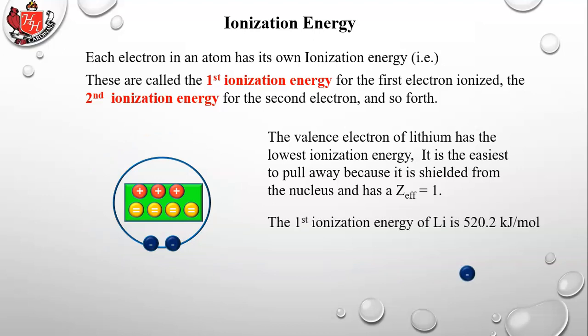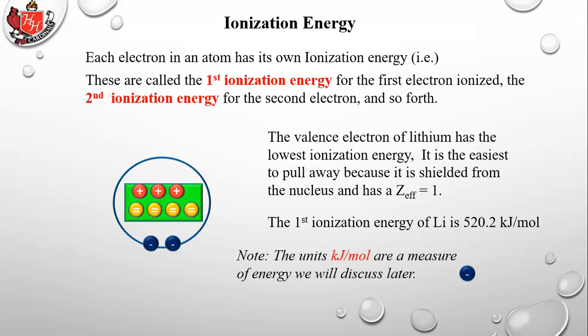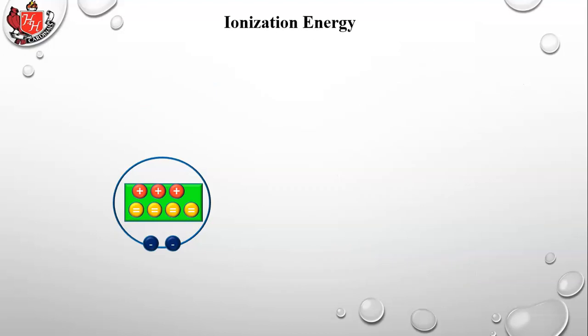The first ionization energy for lithium, and it's a known value, is 520.2 kilojoules per mole. We'll talk about that unit of measure, kilojoules per mole. It's how much energy per mole of electrons, and we'll learn what a mole is in the next few lessons. Note that the units kilojoule per mole are a measure of energy we will discuss later.